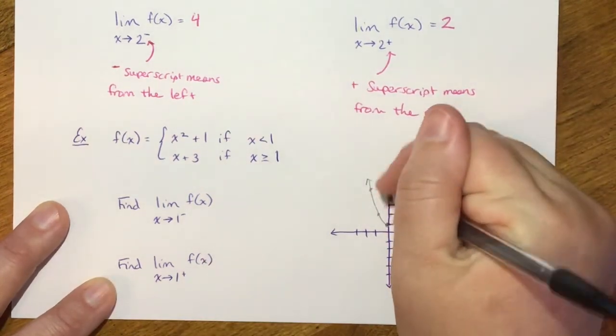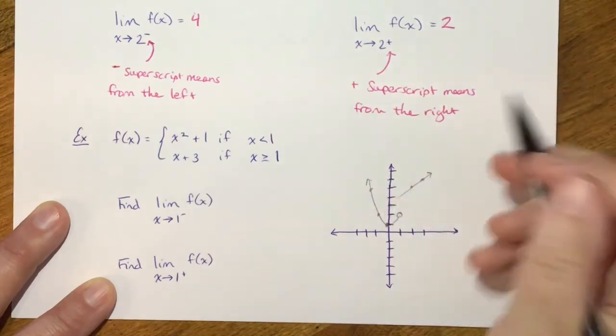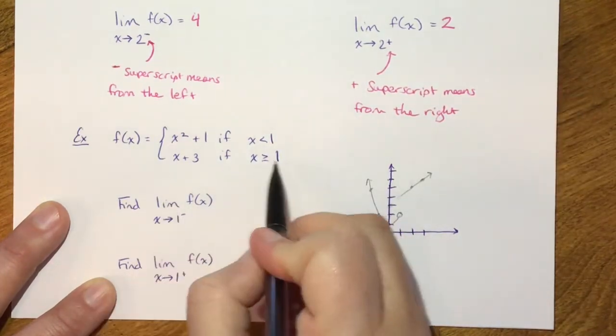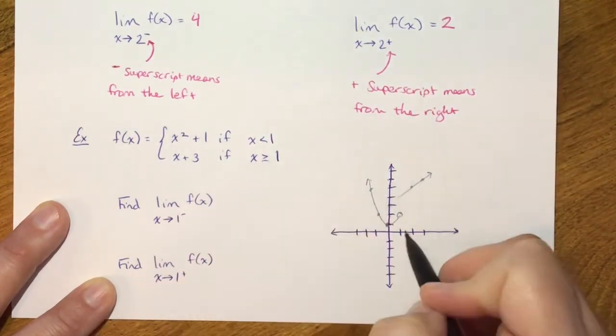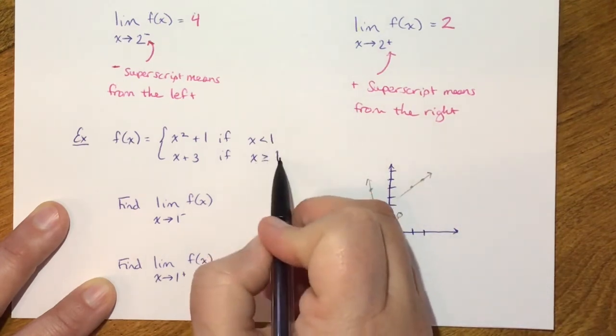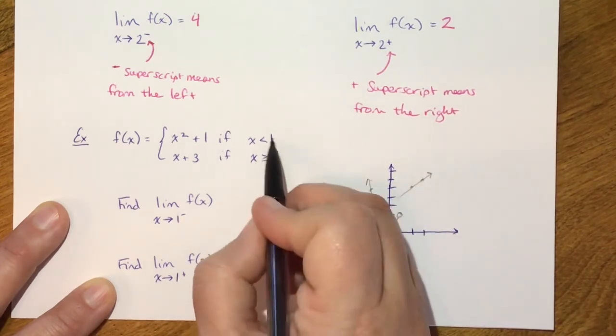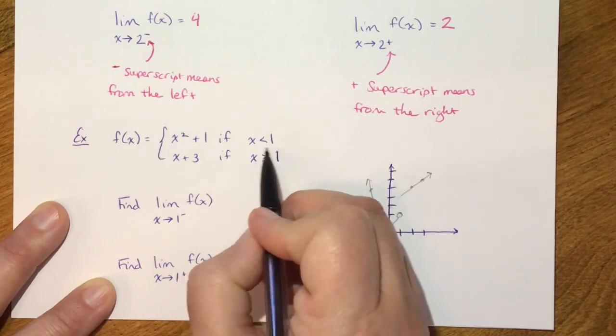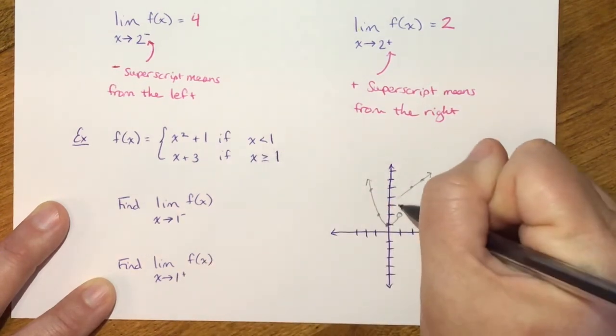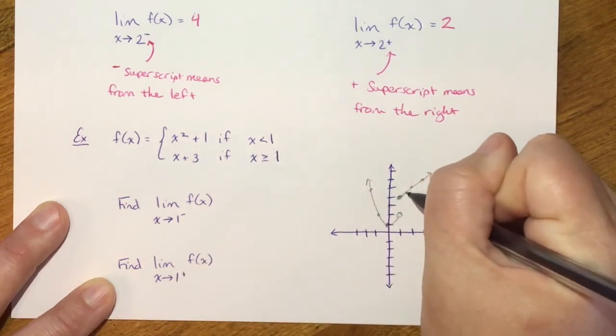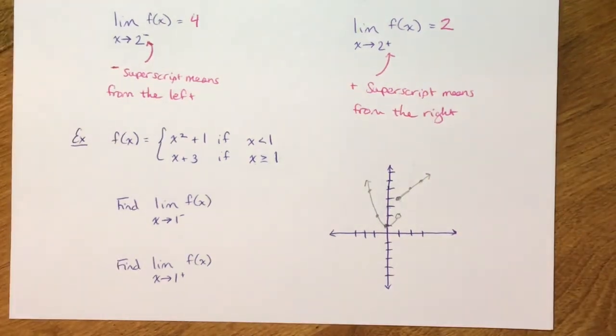So let me erase the part that doesn't have a domain on this piece of the function. So where x equals 1 right here, that's where I move from one piece to the other. X equals 1 is on this linear piece, so I want to put a solid circle here because that x value of 1 is included. Okay, so now I've got the function.